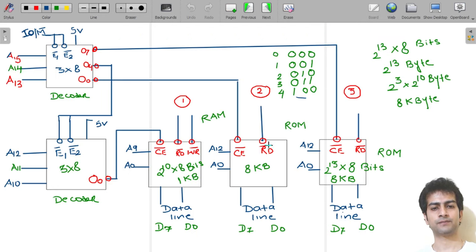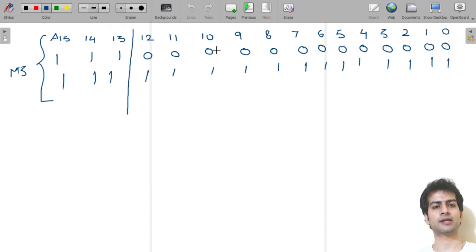Now coming to the second one. Here also A12 to A0 are connected as address lines. Suppose we take memory 2. Here also we will get all 0 at the start, and all 1 at the end.